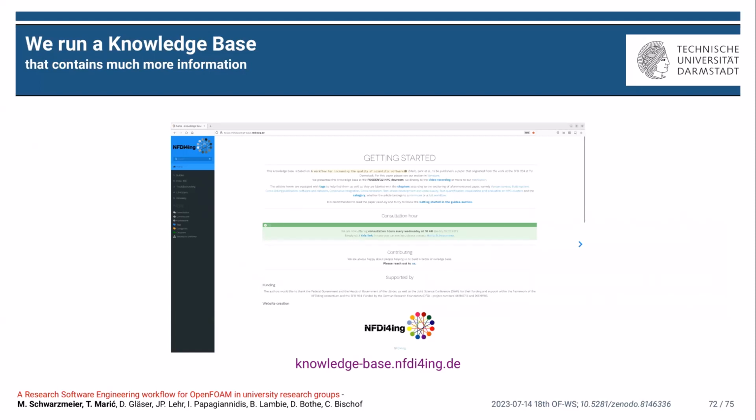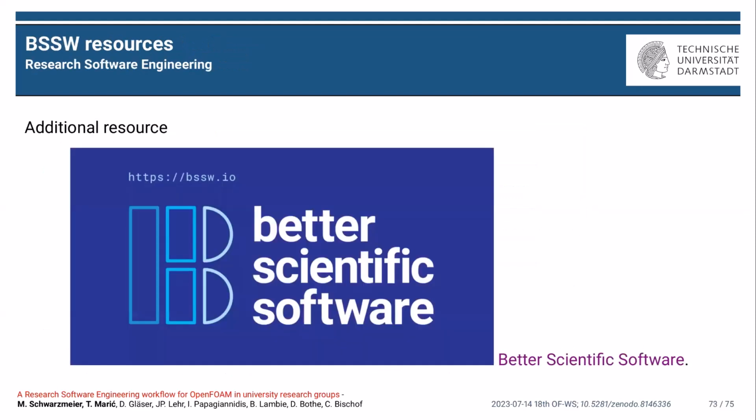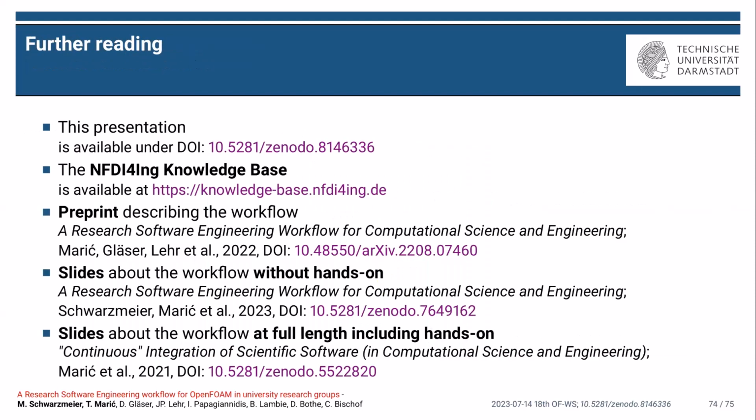We're much more hands-on and have code and code snippets about this workflow and the tools that are used in there. There are many more initiatives like Better Scientific Software, just as an example, and also, of course, we have more slides and preprints about that.